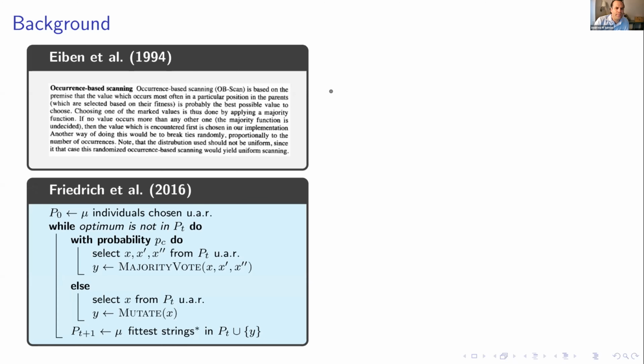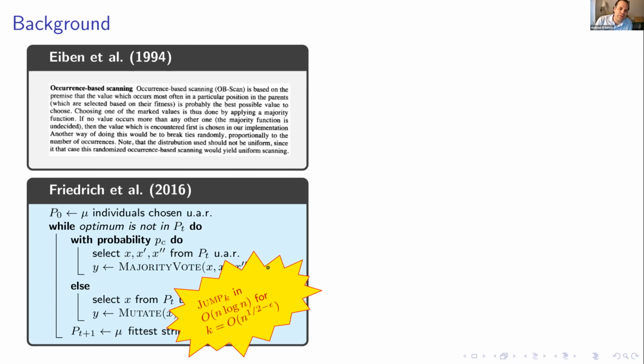This was looked at a little more recently in a paper by Friedrich et al., who looked at the mu+1 GA, but rather than taking something like uniform crossover, during the crossover step they select 3 parents out of the population and then apply a majority vote of those 3 parents to create the offspring. They were able to show that this can solve the jump function in n log n time.